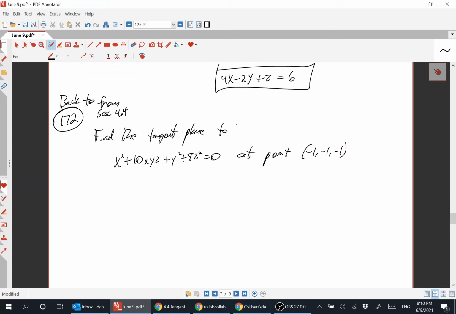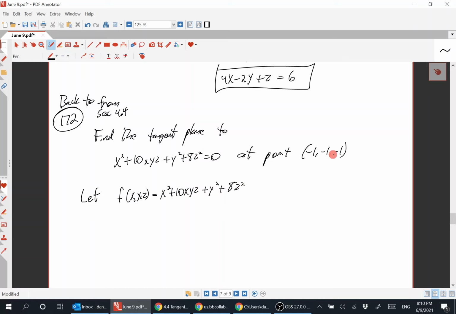So, right, let f of x, y, z be equal to this: x squared plus 10xyz plus y squared plus 8z squared, right?